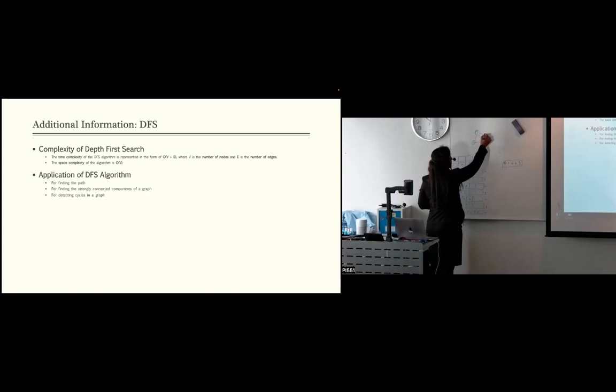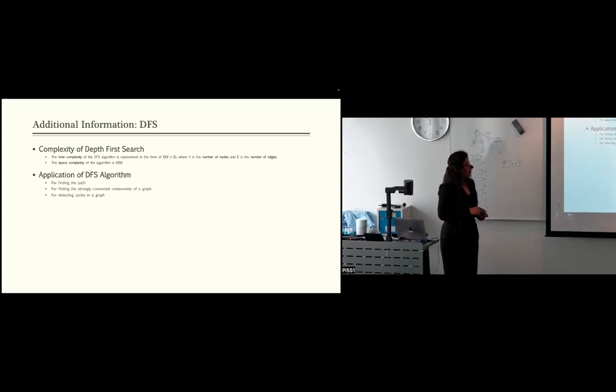So this is called edges, and these are called nodes or vertex. So time complexity is the combination of number of nodes and number of edges. And the space complexity is the number of nodes only.